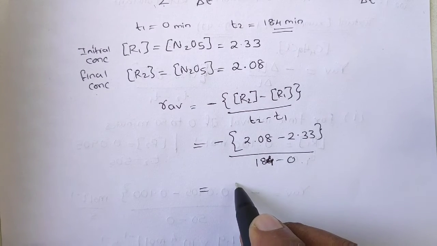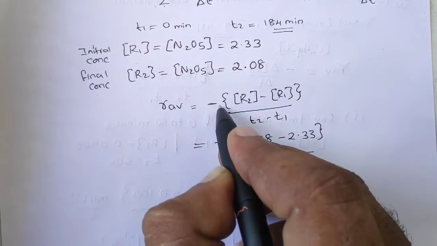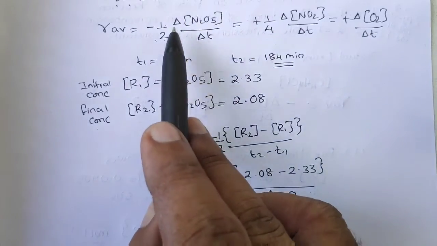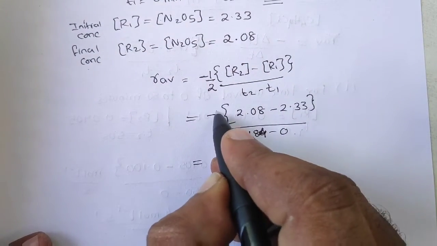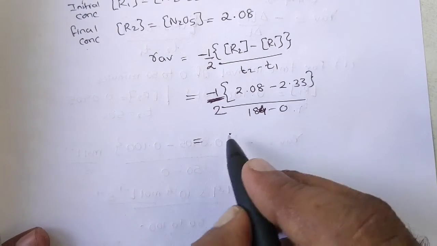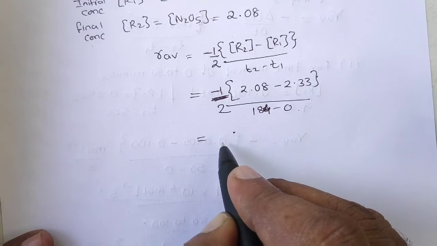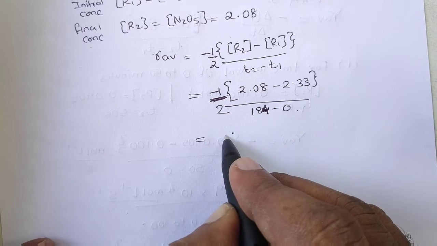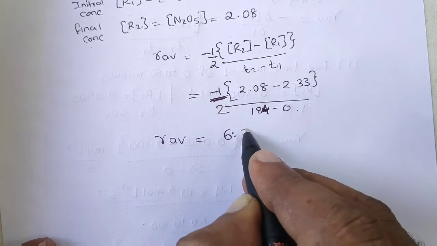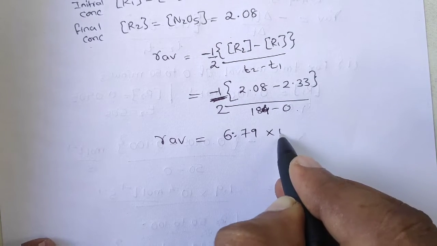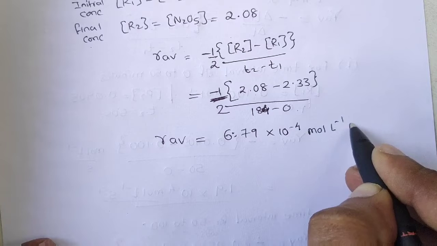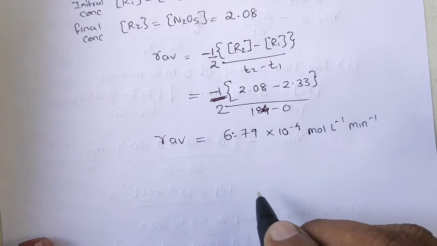Sorry, here one mistake we made, we forgot to write minus 1 by 2 here. Okay, so minus 1 by 2 we write here. So if you divide this and subtract, you will get average rate as 6.79 into 10 raised to minus 4 mole liter inverse and minute inverse.